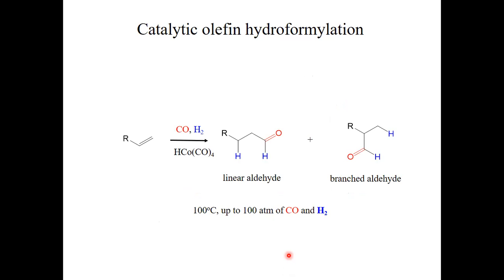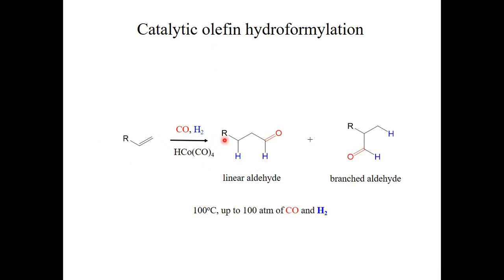Okay, now let us look at one more industrial reaction. So this is the catalytic olefin hydroformylation. So in this case, you add CO and hydrogen to an alkene using a carbonyl hydride like this to make aldehydes.